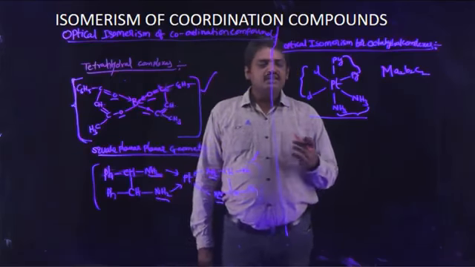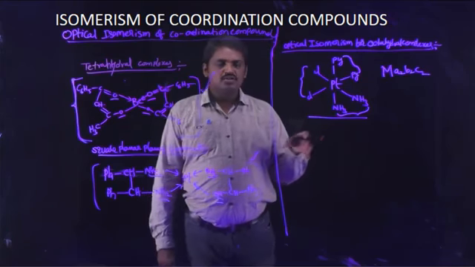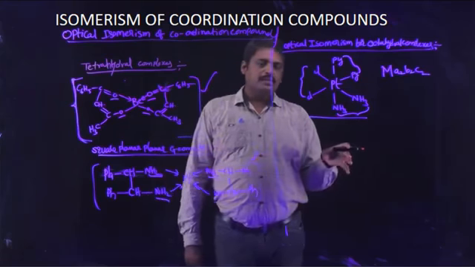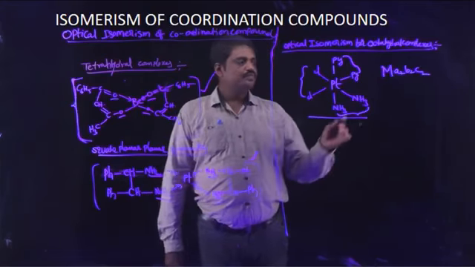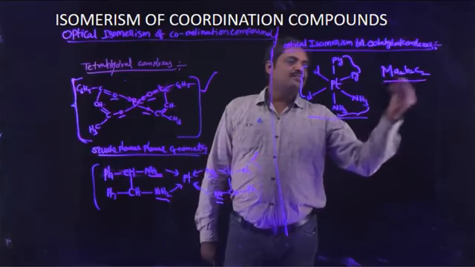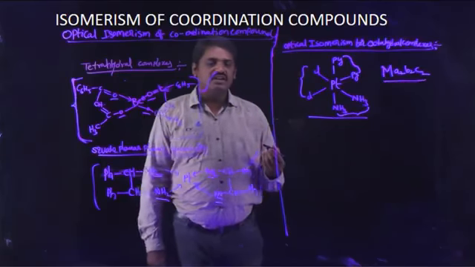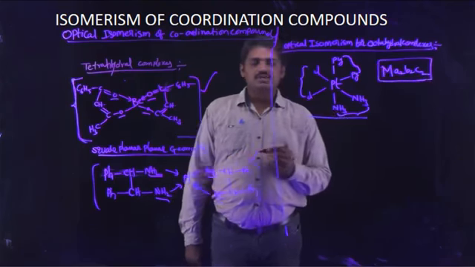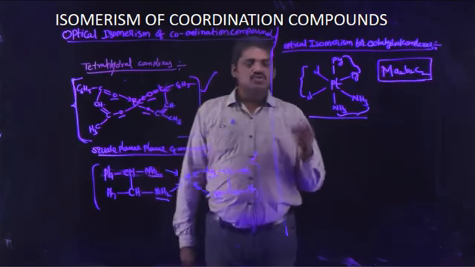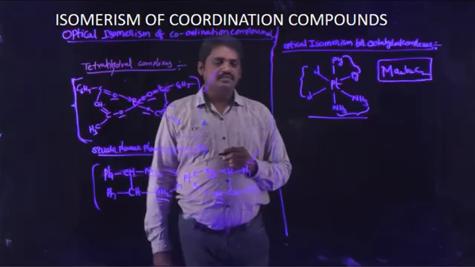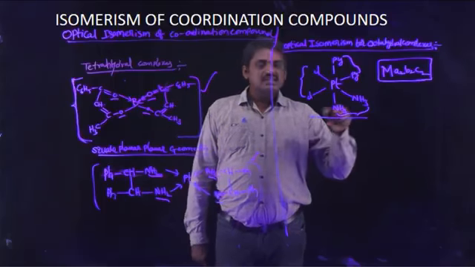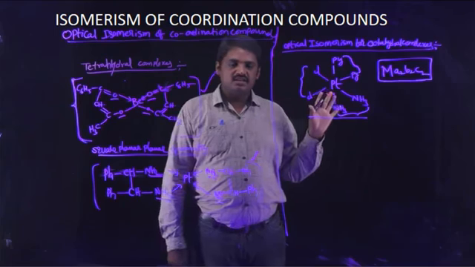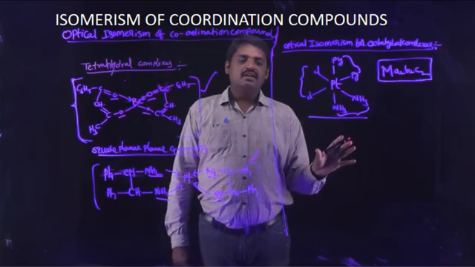And actually this type of complex shows geometrical isomerism also, but the given coordination compound having the general formula Ma2B2C2 shows optical isomerism. And these complexes exhibit some planarity.